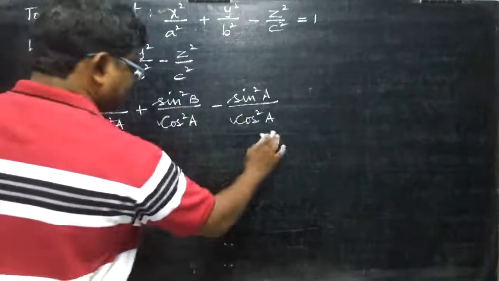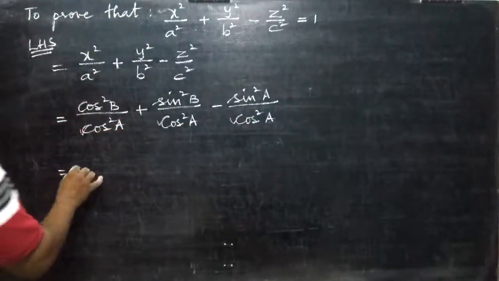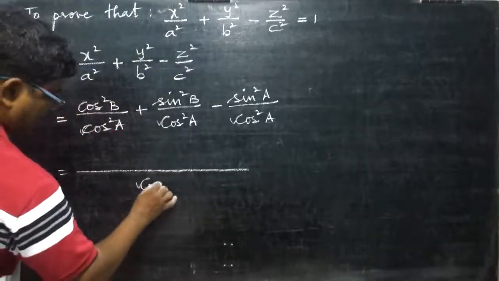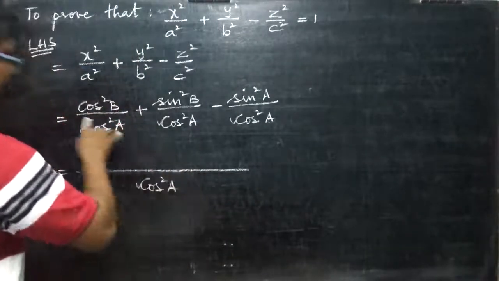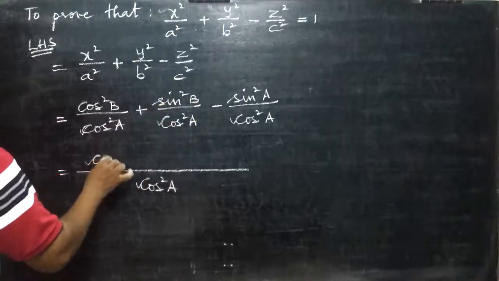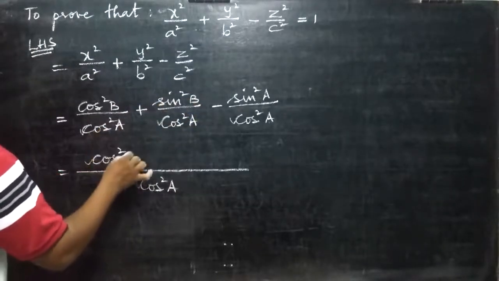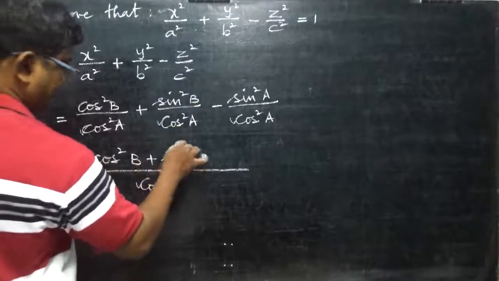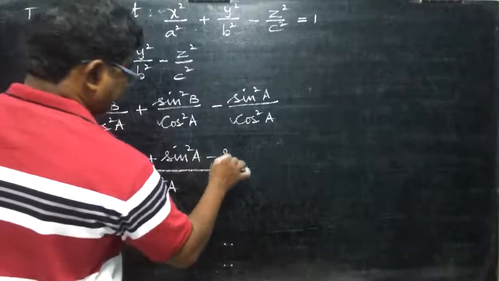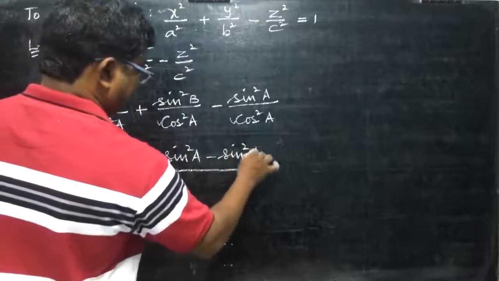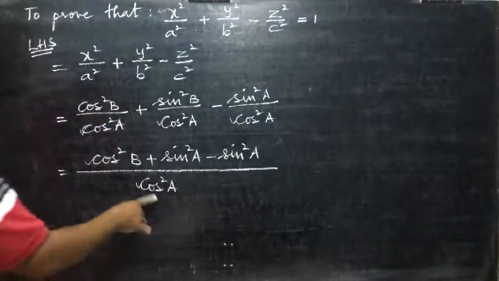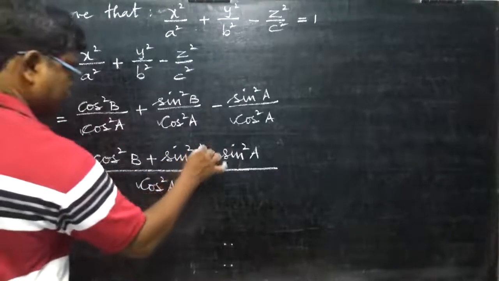Here the denominator, the LCM, is the same, like fractions. So cos square A will come, and directly numerators add or subtract. What is there in the numerator? Cos square B plus sin square B minus sin square A. Like fractions, all the denominators are same. Now combine these two.